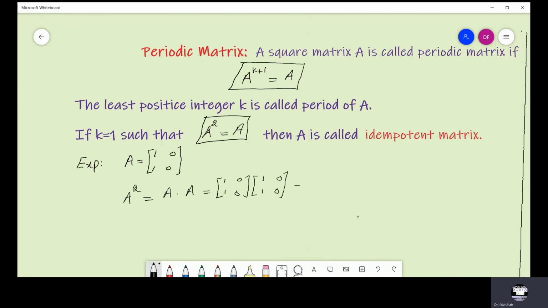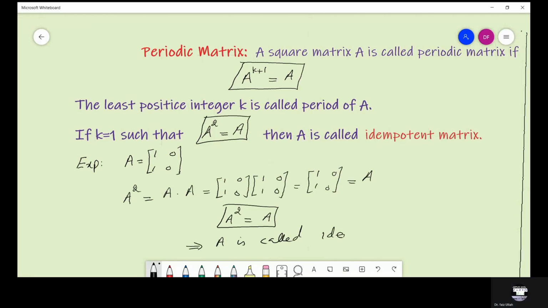When we multiply this, as a result, we get 1 0 1 0, which is again matrix A. So we can see that A square is equal to A, and that is why A is called an idempotent matrix.